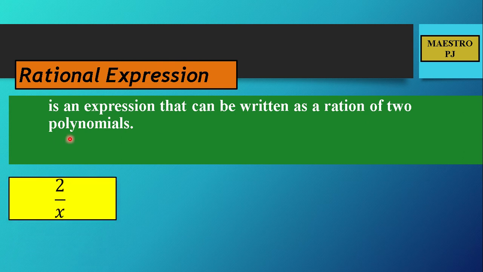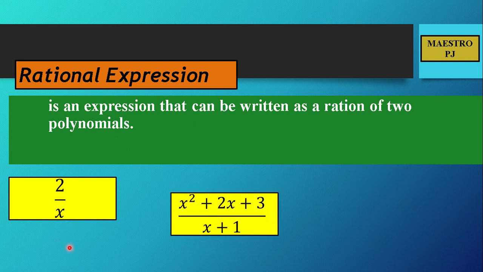For example, 2 over x is an example of rational expression kasi it can be written as a ratio of two polynomials. Yang 2 ay polynomial, yang x ay polynomial. So both the numerator and the denominator are polynomials. Therefore, it's a rational expression.